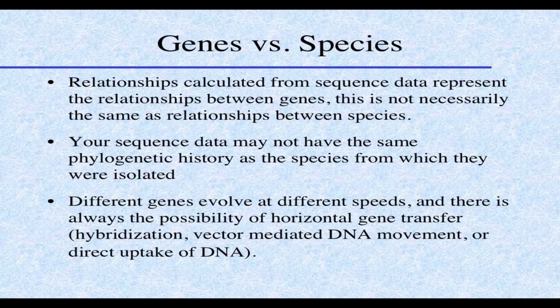Also, genes experience selection. A particular gene can, in a particular lineage, a subgroup within a larger family, evolve more rapidly under pressure. This particular group of organisms needs to develop some resistance to some chemical in its environment, and it changes whatever protein was the target for that chemical.